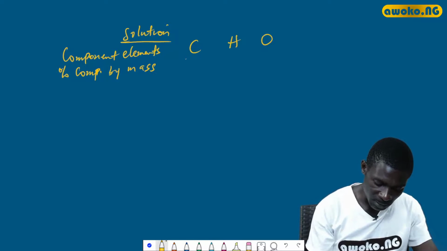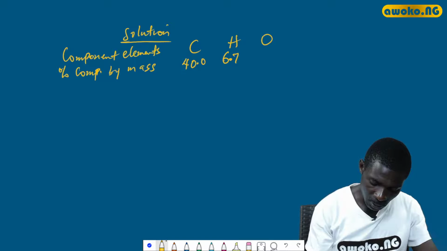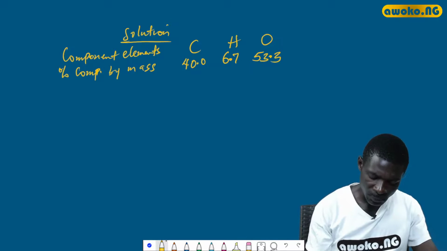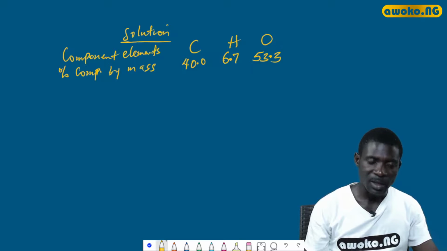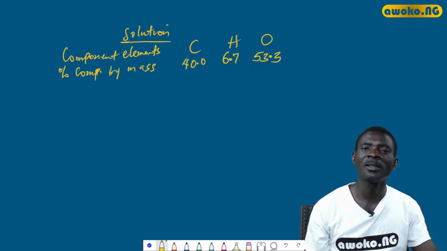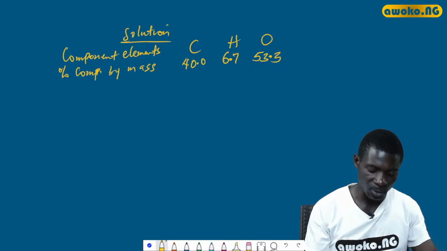Of course, carbon has 40%, while we have hydrogen as 6.7%, while our oxygen is 53.3%.